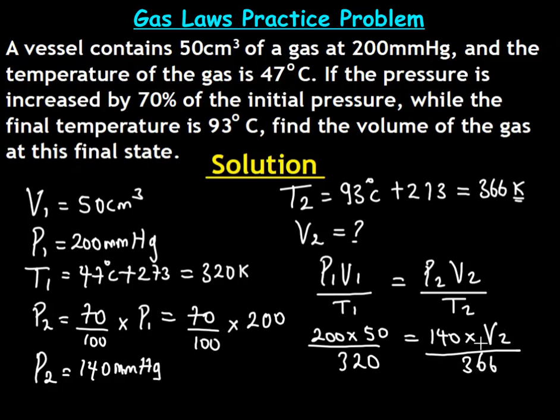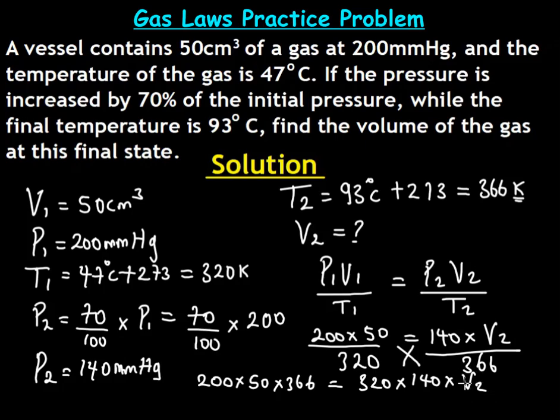Then to solve for V2, cross multiply. We have 200 times 50 times 366 is equal to 320 times 140 times V2.